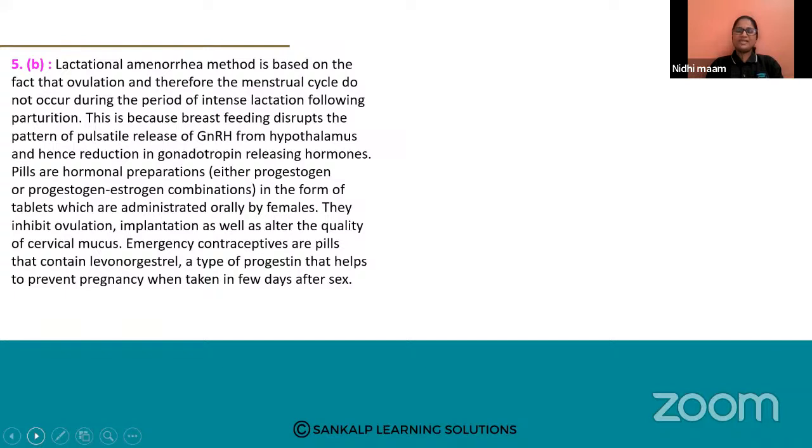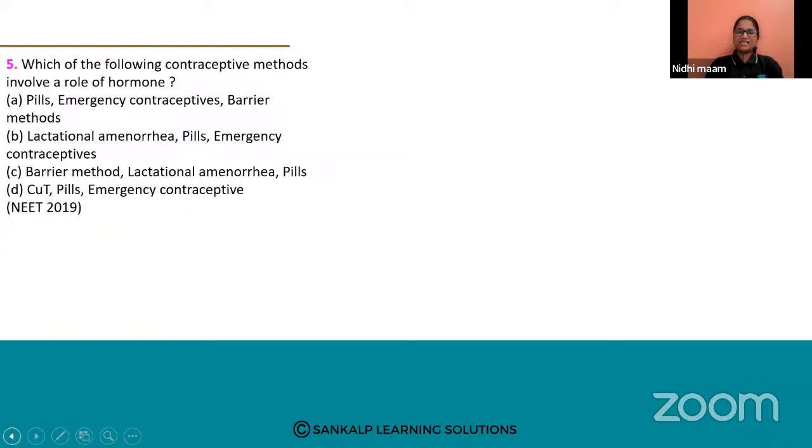So the chance of fertilization will be very less. This is because breastfeeding disrupts the pattern of pulsatile release of gonadotropin-releasing hormone from the hypothalamus, hence reducing gonadotropin release. See how nicely they explained it.